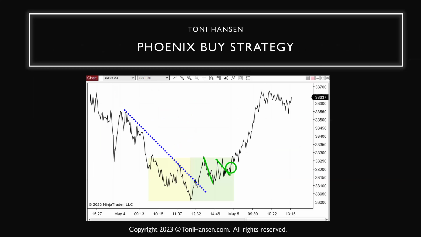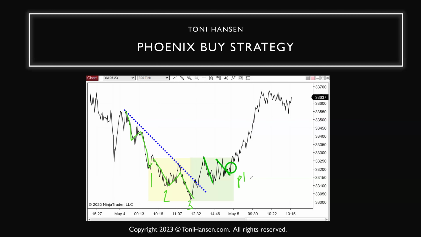So here is one example of a Phoenix as well. And this one is part of a strategy that I love where we've got two waves of selling over here, and then we go into three lows, and then we get the Phoenix.